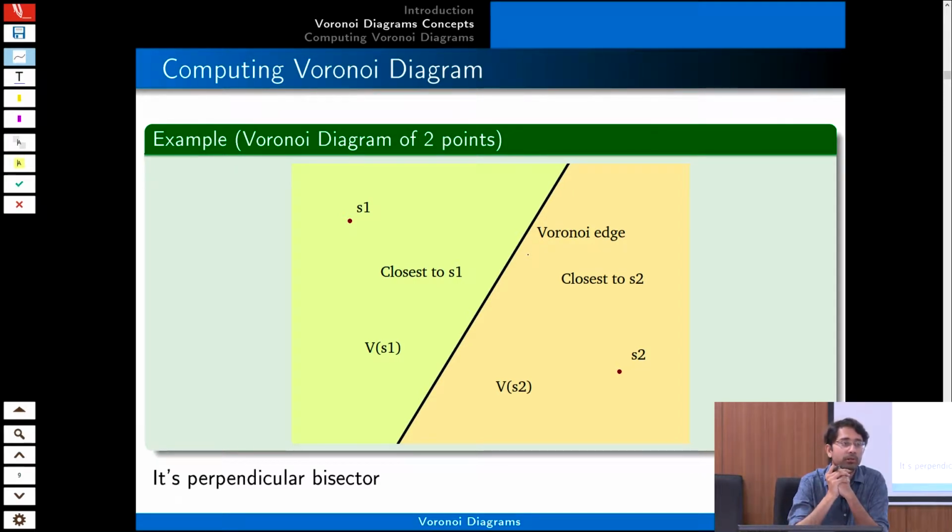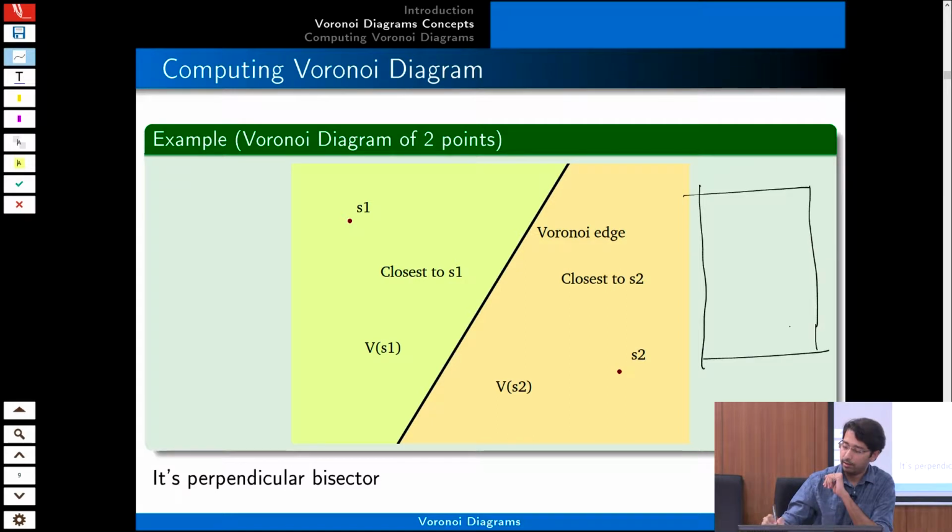Suppose we do not want to solve initially the problem where there are n site points. So, what we do is simplify the problem. Suppose we have only 2 points in the plane. This is my plane and there are 2 points, P1 and P2.